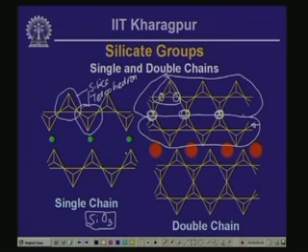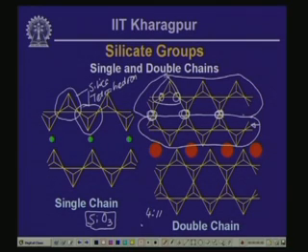So, it is obvious that in this case more oxygen ions are shared amongst different silica tetrahedra, and as a result the silicon to oxygen ratio is different in the case of a double chain. Instead of 1:3 as in the single chain, here what we got is a 4:11 distribution of silicon and oxygen.